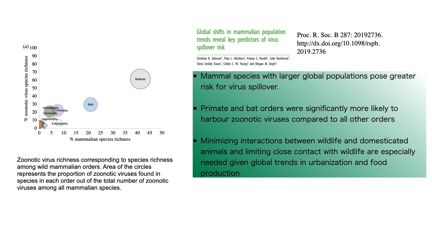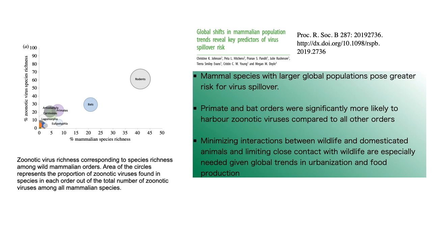Unintentional introduction of pathogenic organisms is also a growing risk in trade in wildlife. This includes legal trade of wildlife and also e-commerce. And this paper shows that mammal populations pose great risk of spillover of infectious viruses, such as rodents, and primates and bats are likely to harbor zoonotic viruses.